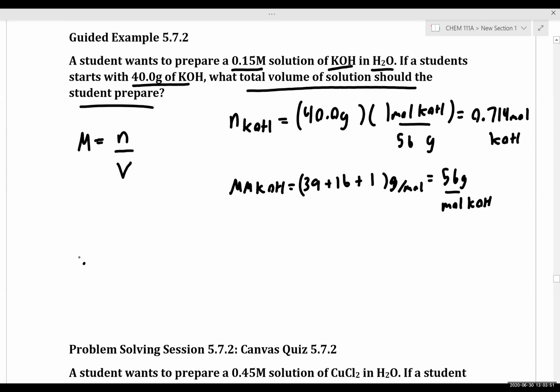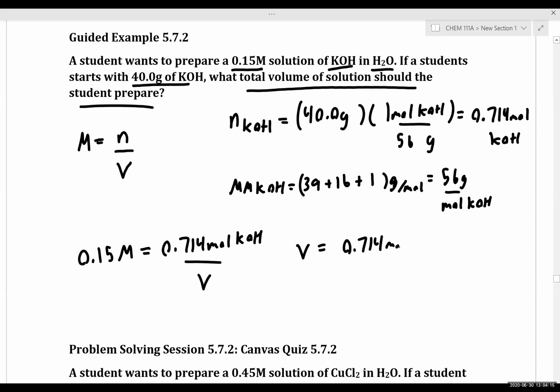Then, we know our molarity is 0.15 molar, and that's equal to the moles of potassium hydroxide, which is 0.714 moles, over the volume. We can then solve for the volume. The volume is equal to 0.714 moles of potassium hydroxide over 0.15 moles of potassium hydroxide for every 1 liter.